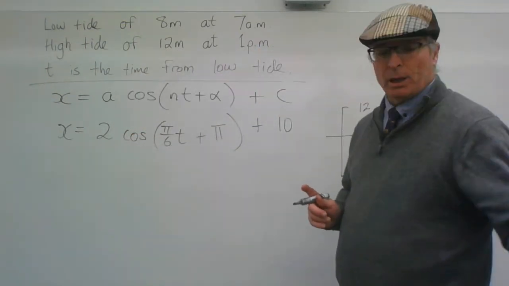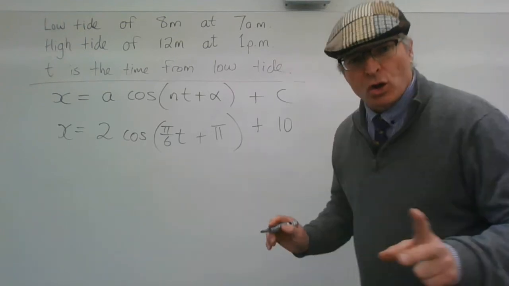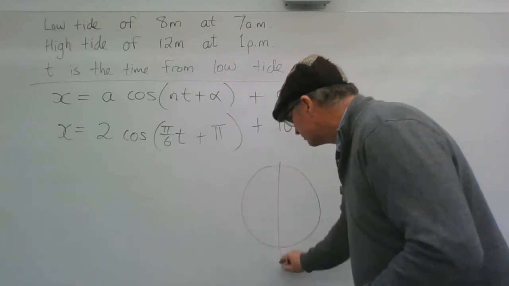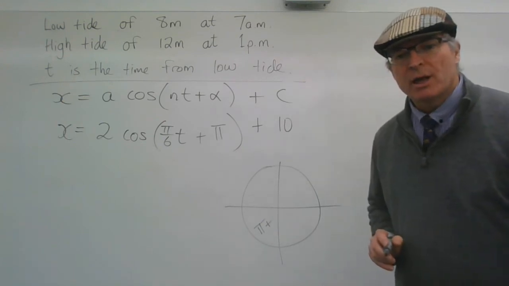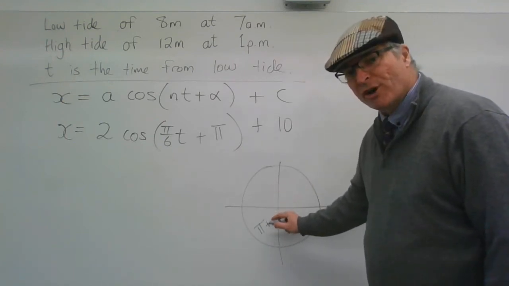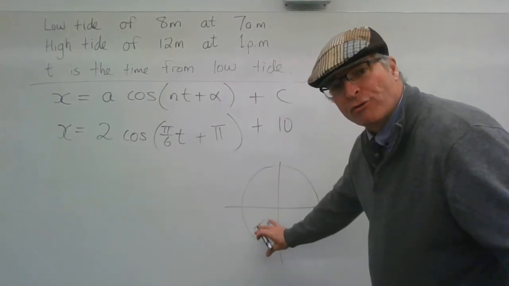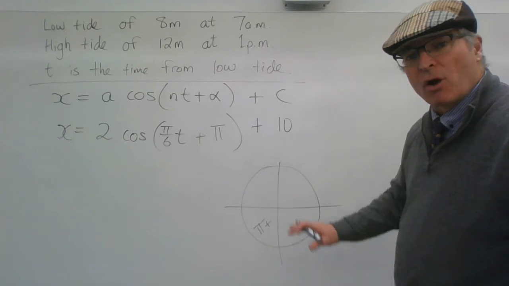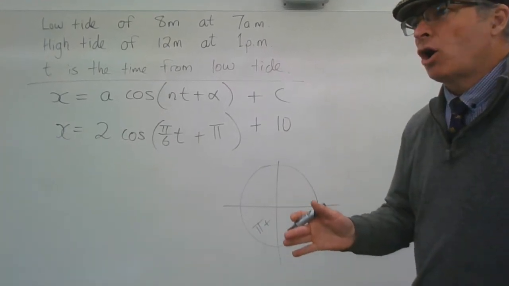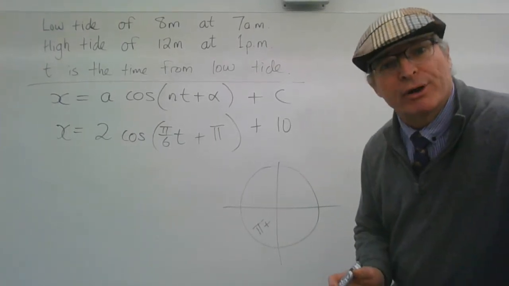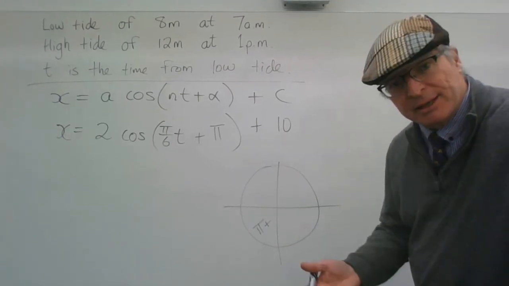Now, I can clean this equation up a little bit because I know in the third quadrant, this is the pi plus quadrant, cos of anything in the third quadrant is the negative of cos of the basic angle in the first quadrant. For example, cos of 240 degrees, that's pi plus 60, is the negative of cos 60.